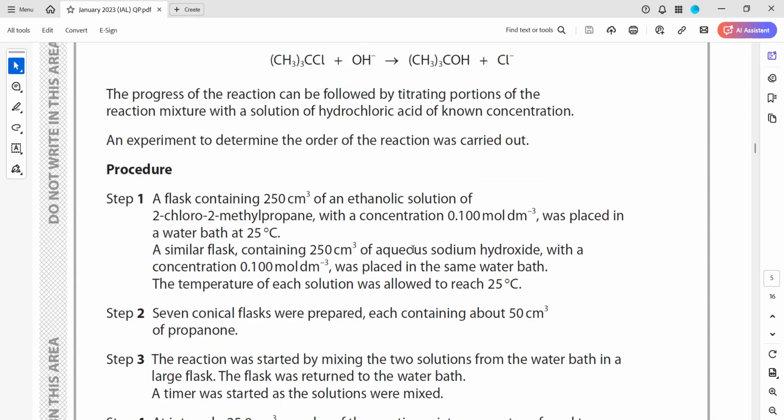No. So what is the purpose of the propanol? It is to quench the reaction. Quench the reaction means stop the reaction from further change. Because when we add propanol, it will dissolve the halogenoalkane, so they are separated from each other. When they are separated from each other, now the sodium hydroxide can be titrated with hydrochloric acid. Clear?